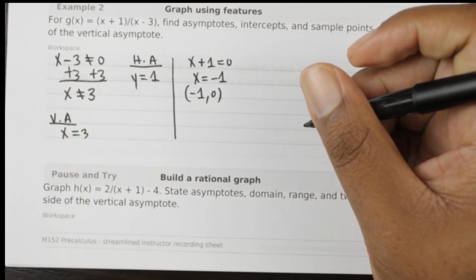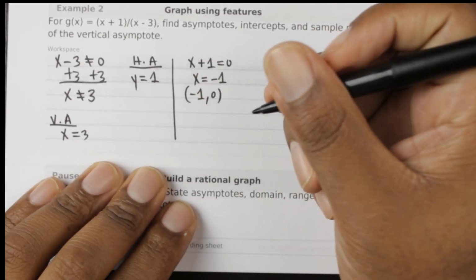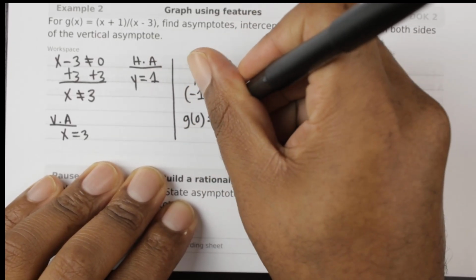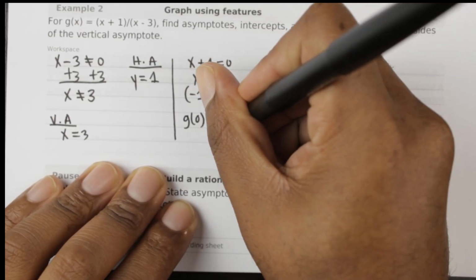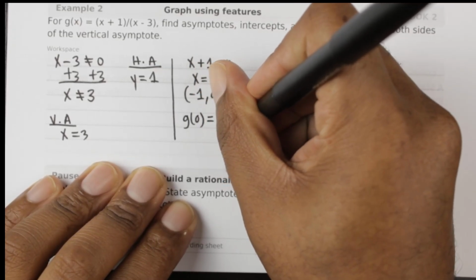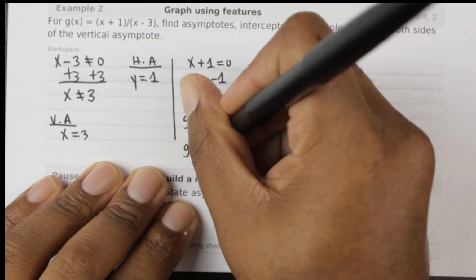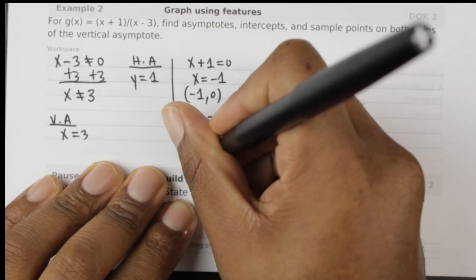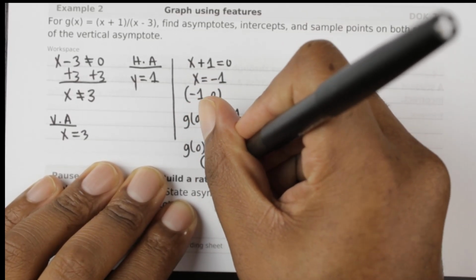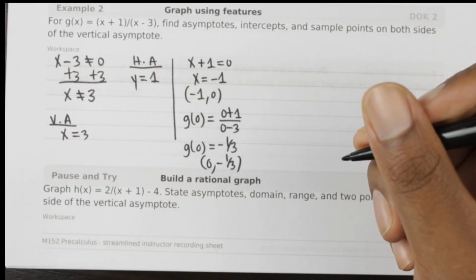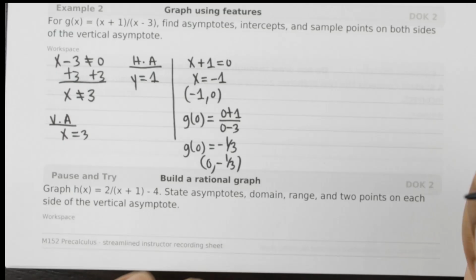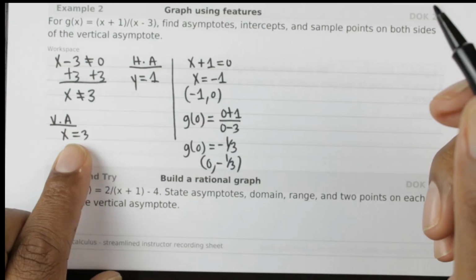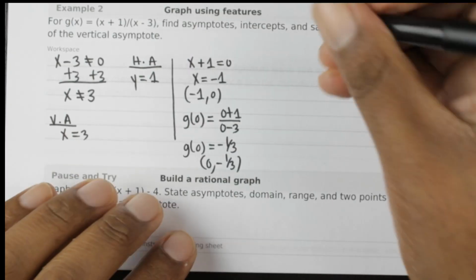As far as the y-intercept goes, substitute 0. That's going to give us 0 plus 1 over 0 minus 3, which gives us negative 1/3, so 0, negative 1/3 would be the y-intercept. Now let's choose some sample points on both sides of the vertical asymptote of x equals 3.